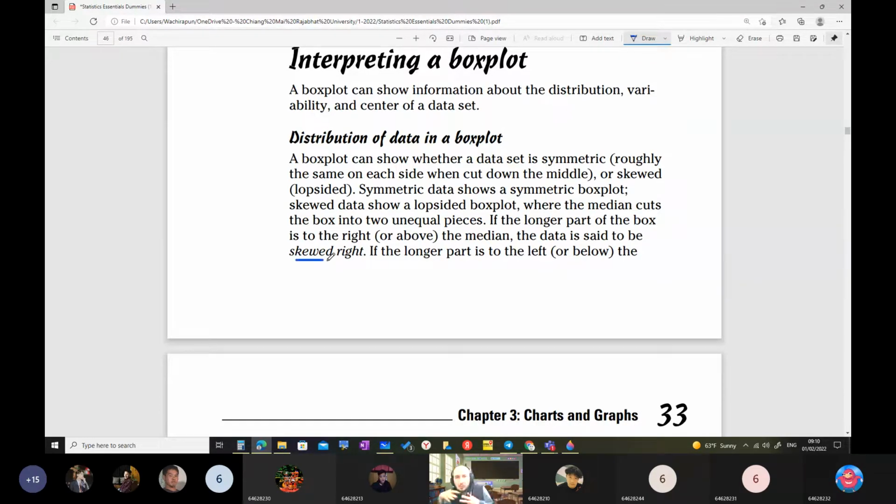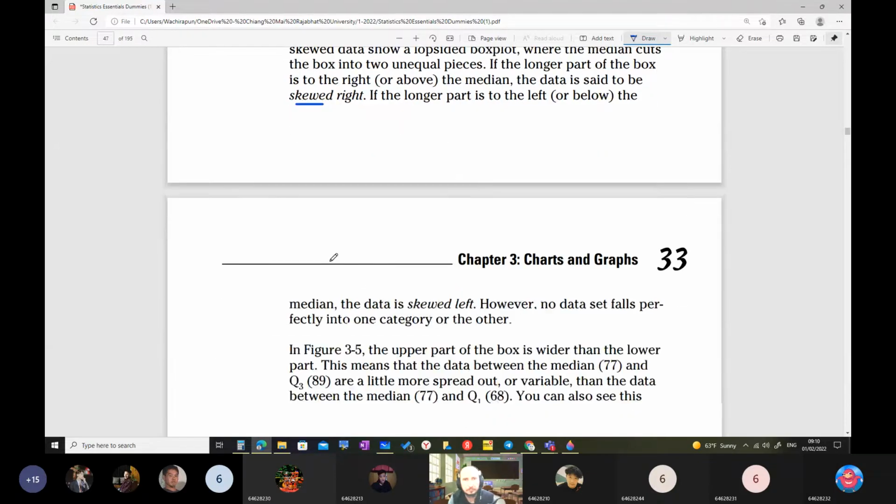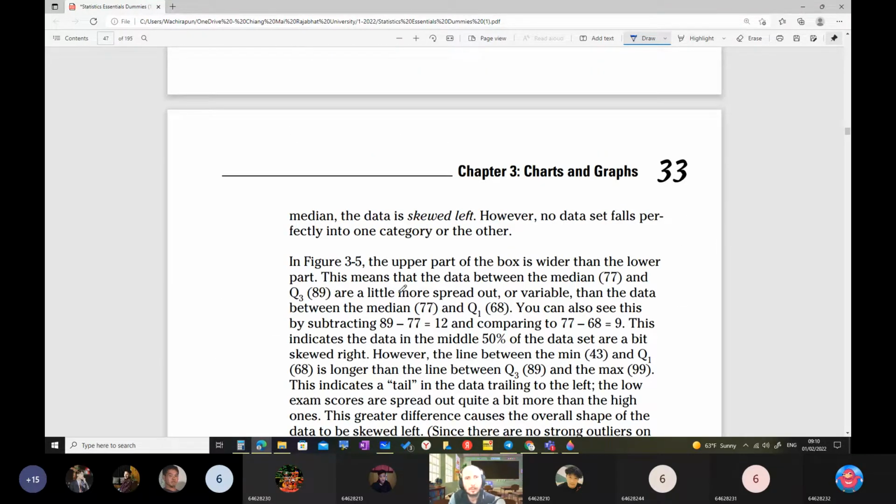Skewed means it moves. The upper part of the box is wider than the lower part. This means that the data between the median 77 and Q3 are a little more spread out or variable than the lower data, right? There are more numbers there, so it's more spread.